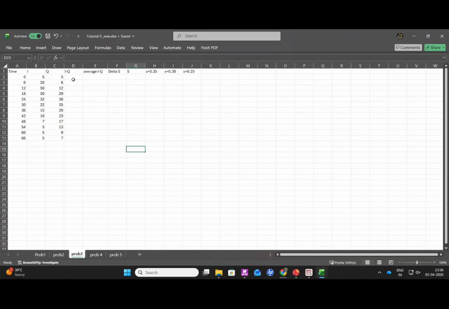The first thing we need to do is compute the inflow minus outflow. The next thing is to compute the average I minus Q, which is simply the mean of two consecutive time steps.